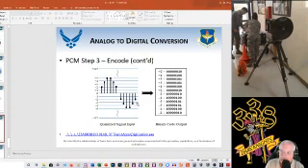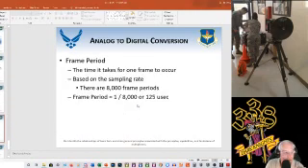Now I'm going to carry on to the next two because it seems like we get some issues when we talk frame period. Frame period, if you take a look at this one sentence, is the time it takes for one frame to occur. If you have a 24-channel multiplexer, between here and here, that's one frame.